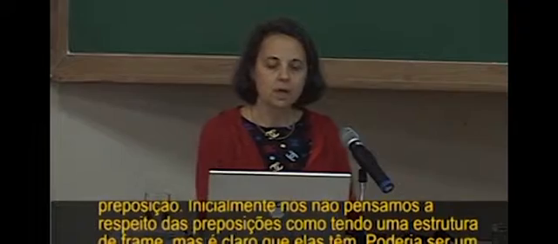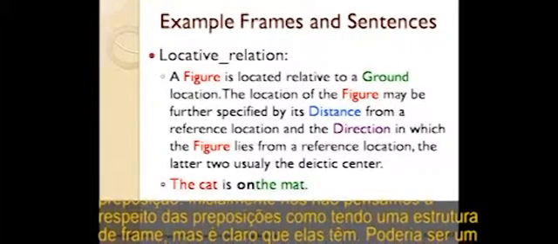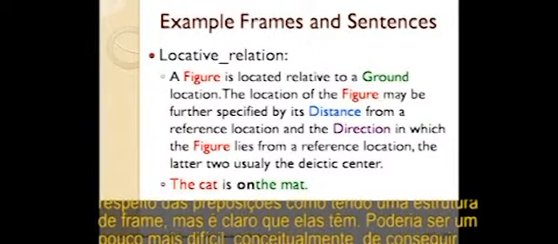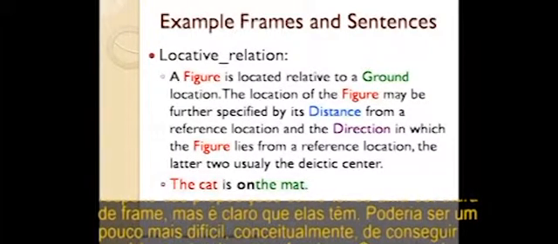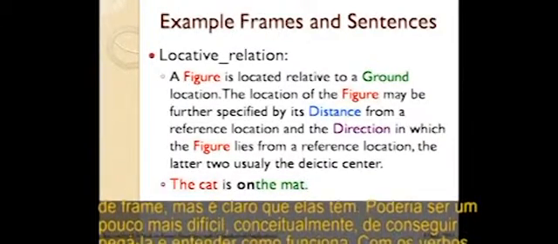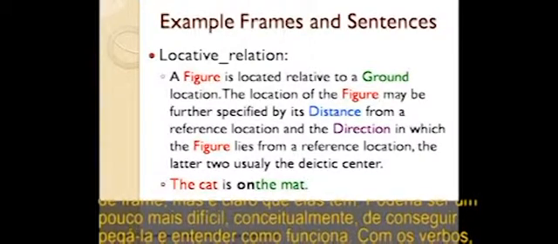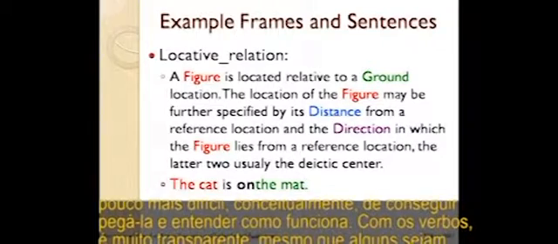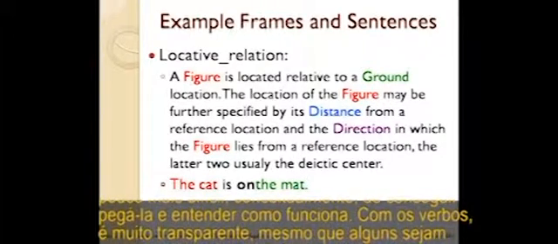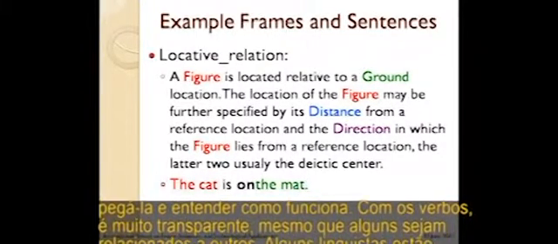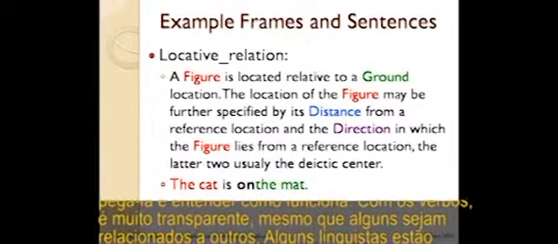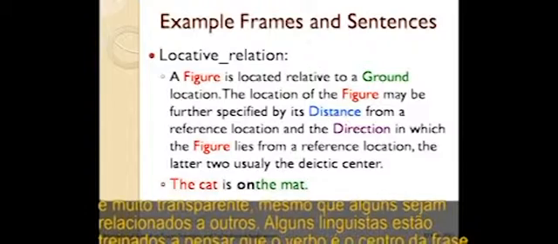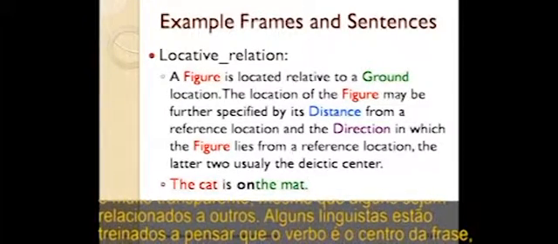Next. Locative relation. This is a very interesting frame, also because the target, the lexical units that are housed in this frame, are prepositions, right? Again, prepositions, initially we don't think about prepositions as having frame structure, but of course they do.